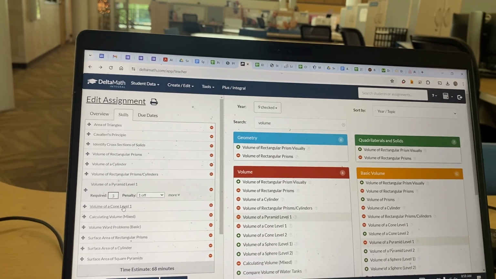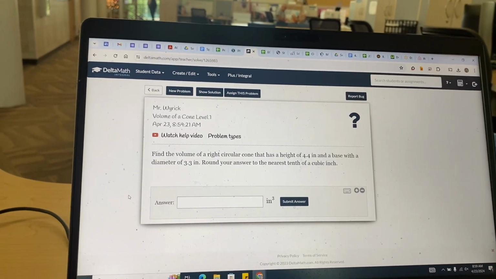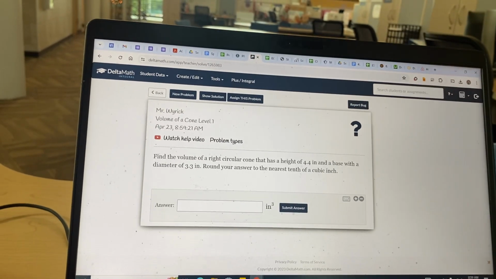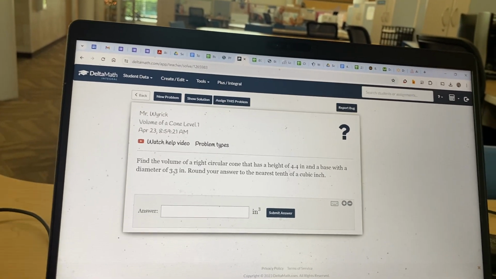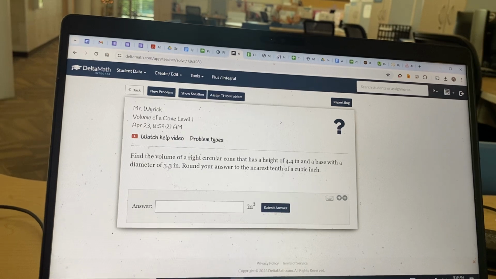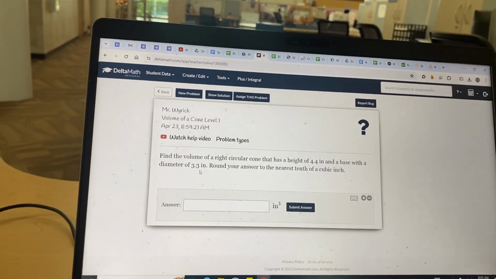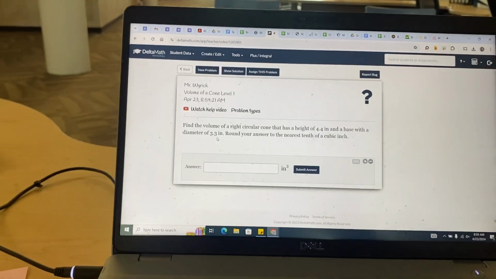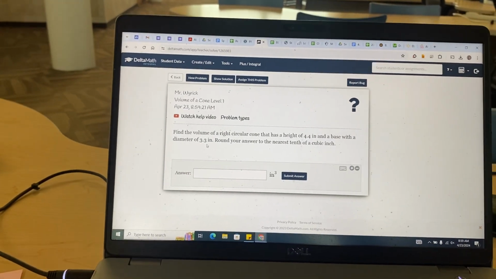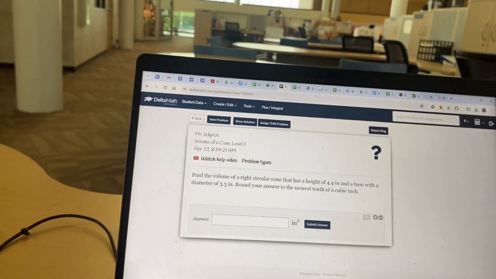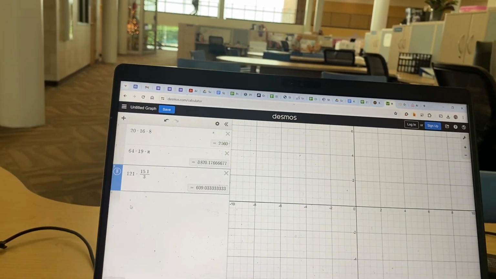Okay. Volume of a cone, same kind of thing. It's just that this one's going to be a circle on the base. So this one, aha, yes, we have a diameter of 3.3. So the first thing I have to do is cut that in half. Half of 3.3 should be 1.65. So I take 1.65 squared times pi times 4.4.